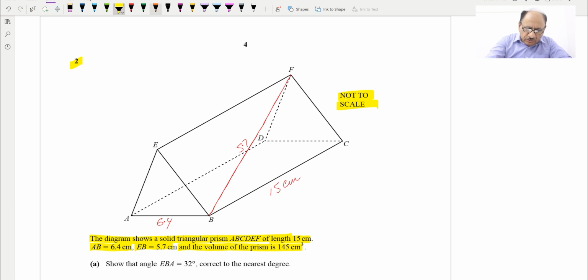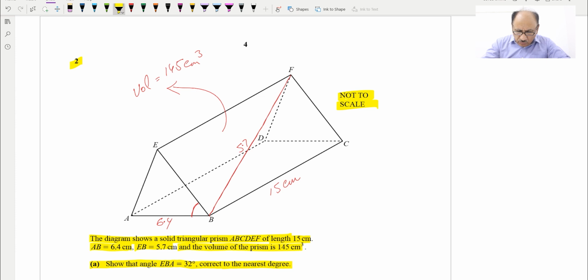So this is given. Now part A says we need to show that angle EBA, which angle are they talking about? EBA is this angle, and they are saying EBA is equal to 32 correct to the nearest degree.